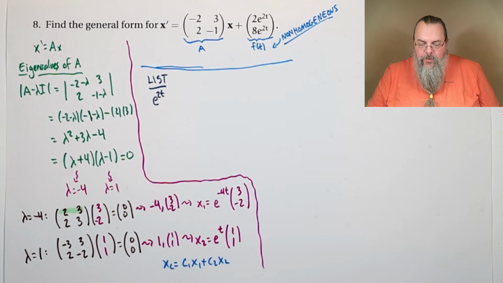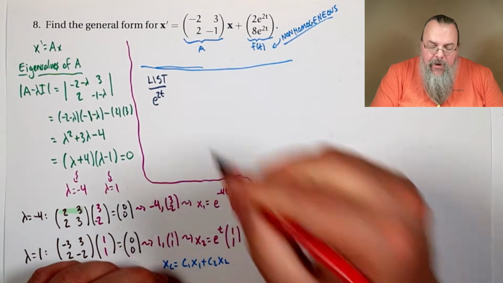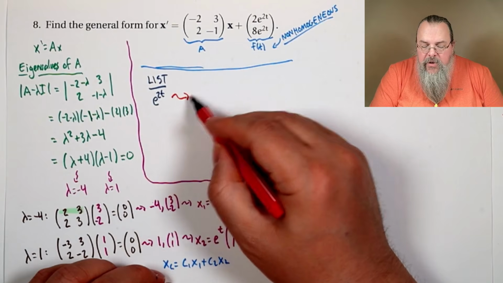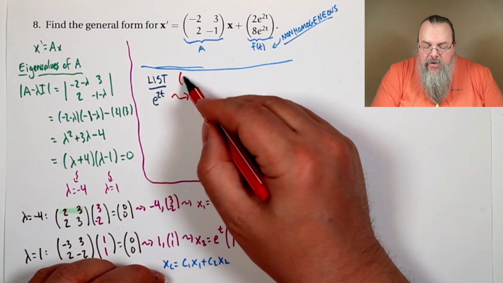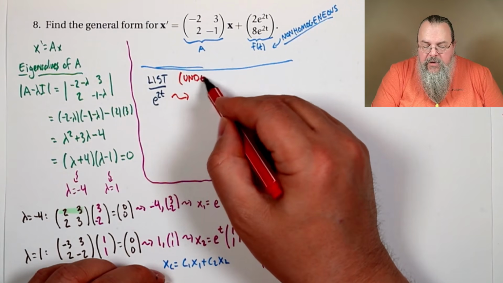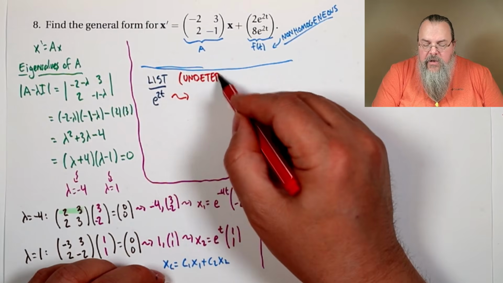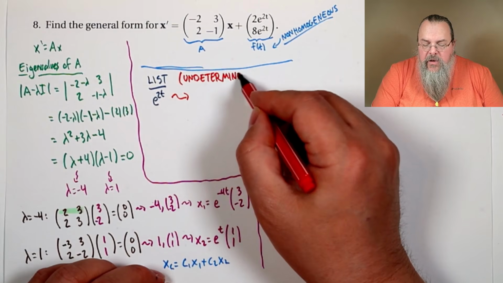Now, what does that tell us? Well, with our list in place, it tells us the following. Lo and behold, and I should have written down, just for reference, we're doing undetermined coefficients.